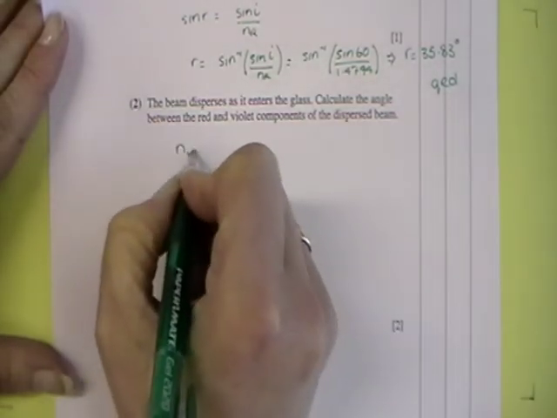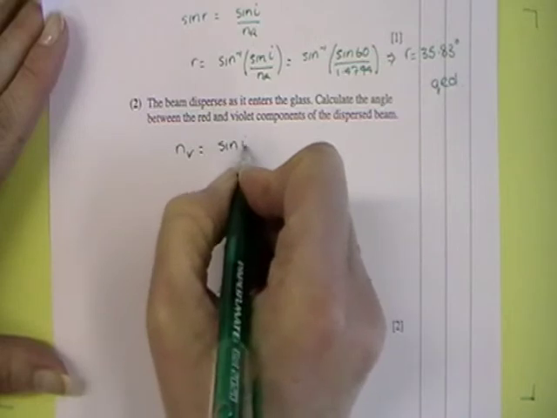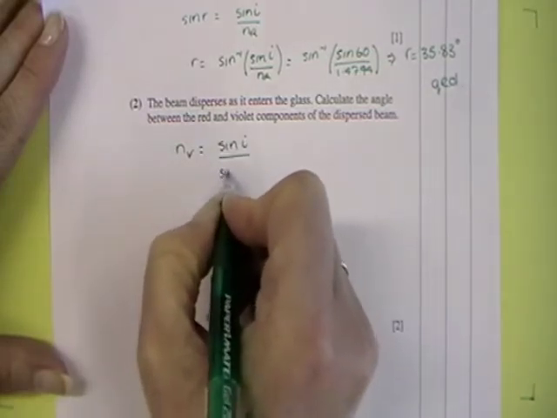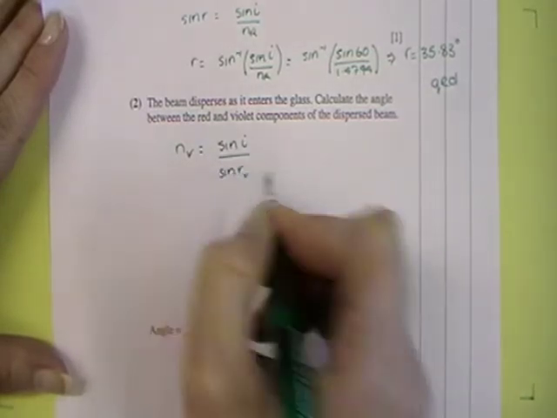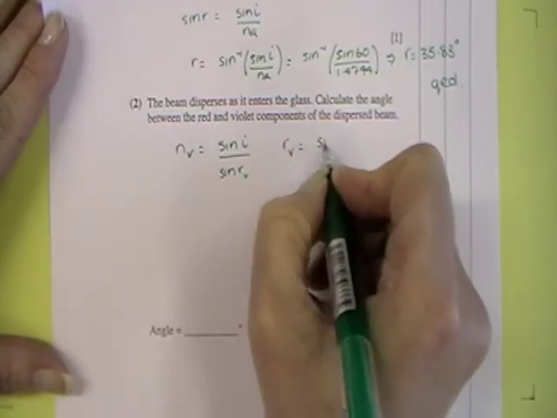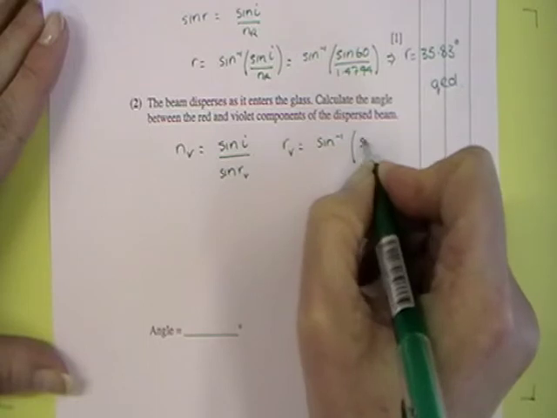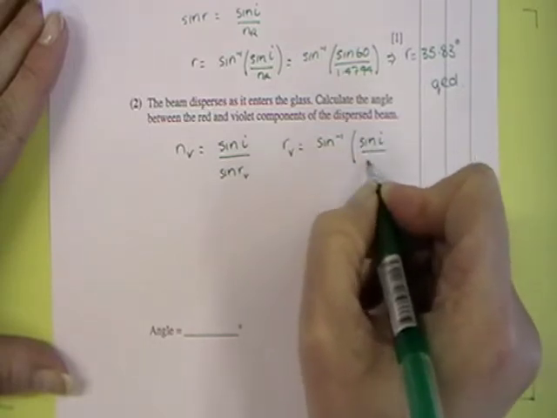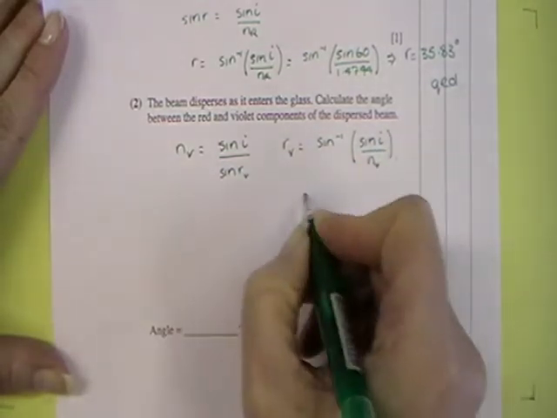So we follow the same process. n violet equals sine i over sine r for the violet. r violet then is the inverse sine of sine i over n violet.